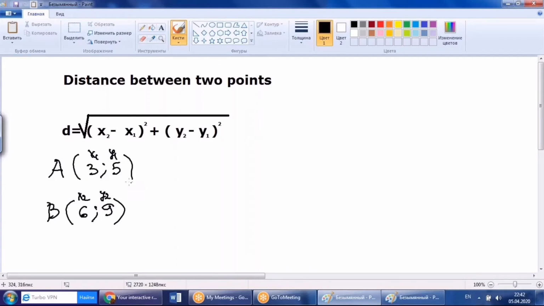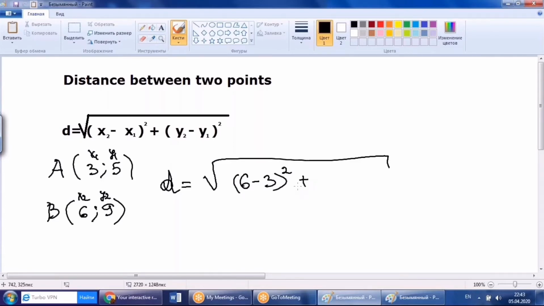So I use our formula. Distance is equal to the square root of (x2 minus x1) squared, 6 minus 3 squared, plus (y2 minus y1) squared, 9 minus 5 squared. 6 minus 3 is 3. 3 squared is 9, plus 9 minus 5 is 4. 4 squared is 16.